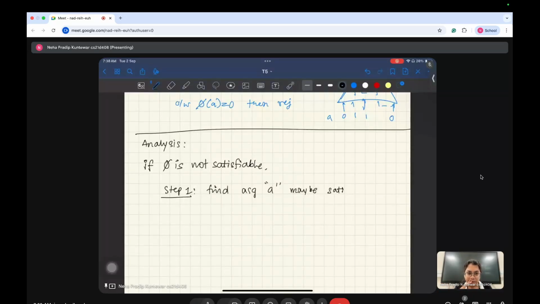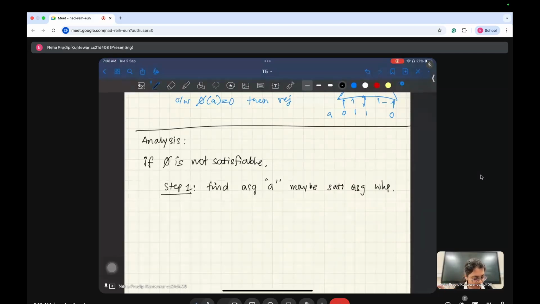mhm. Okay, so what I'll do is I'll exit from this tab once and rejoin again.